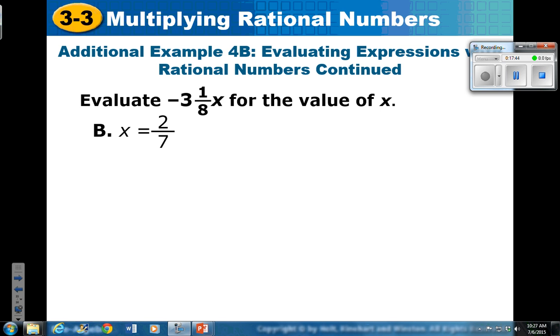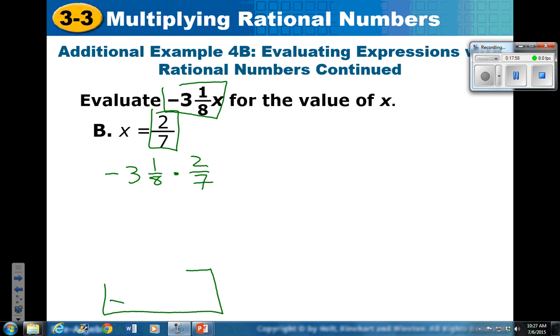Okay, we have the same expression here, but we're plugging in a different value for x. Negative 3 1/8 times 2/7. Let's put our negative down here in our answer. And 3 1/8 again comes out to 25 over 8 times 2 over 7.